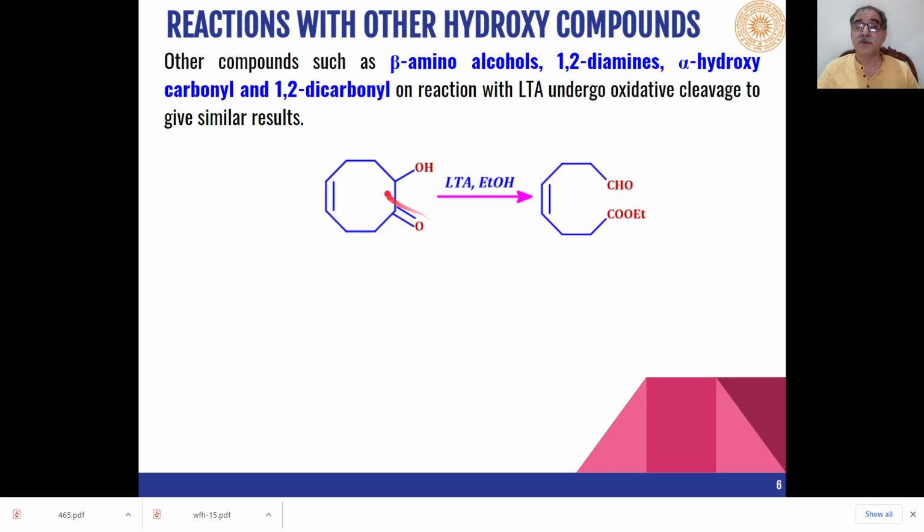So when cleavage of this takes place, this will give us an aldehyde, whereas this will give us first a ketone, and then on reaction with ethanol, this will be converted to an ester.